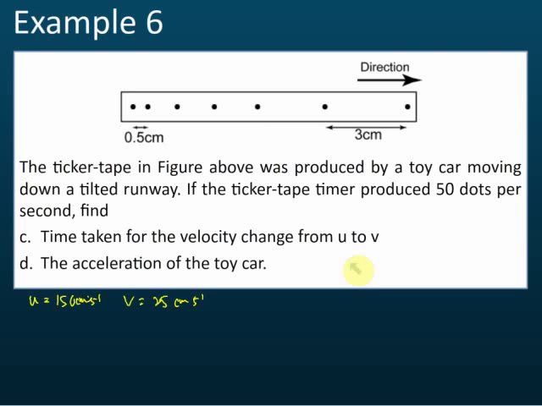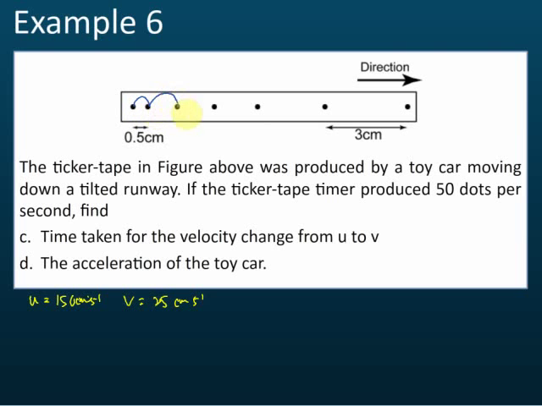If you want to find the time taken for the velocity to change from u to v, the first thing is you must know where your u and v are. Because some students just find the number of ticks. They say, let me find the number of ticks.